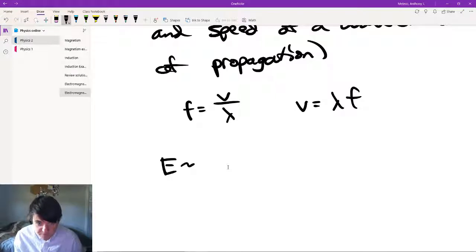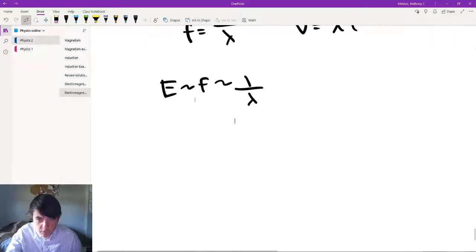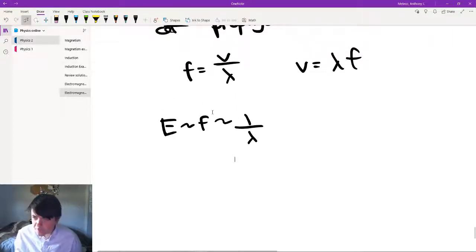But more than that, energy is proportional to the frequency. So as energy goes up, frequency goes up, and inversely proportional to wavelength. Whoops, forgot to write inversely proportional to wavelength. So that means as energy goes up, frequency goes up, wavelength goes down.